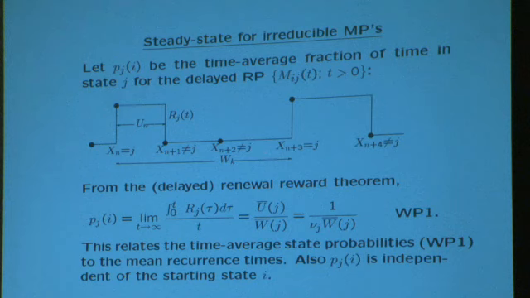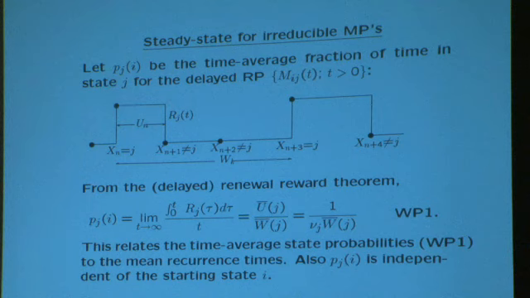It says it's going to be the expected value of u sub n divided by the expected time that you stay in state j. So it's 1 over nu sub j times the expected time that you're in state j. Okay? That's a really neat result.